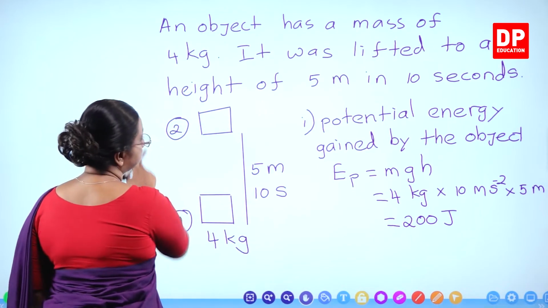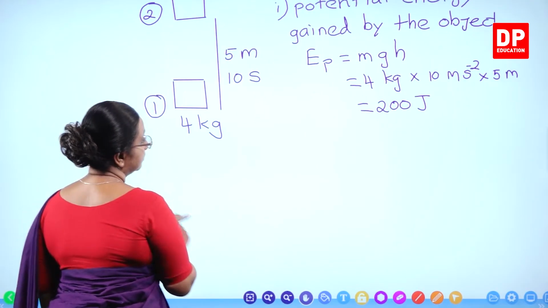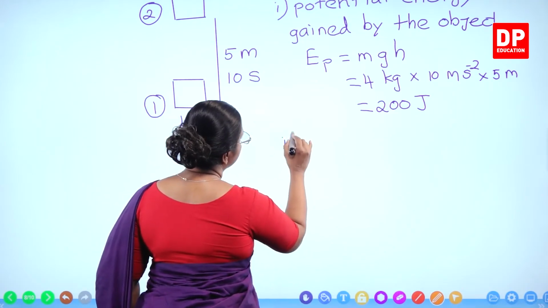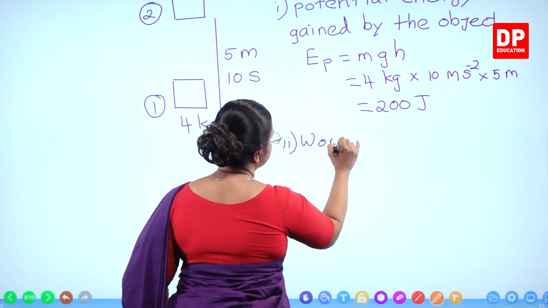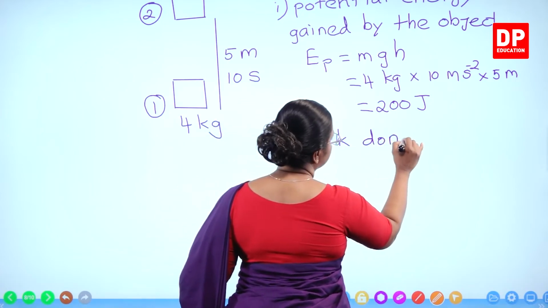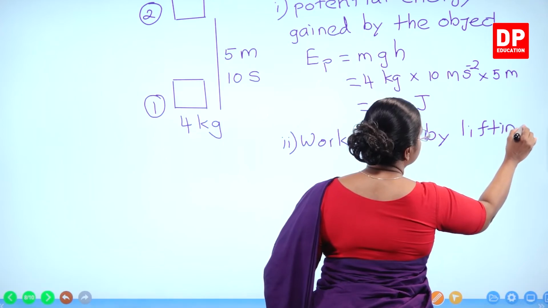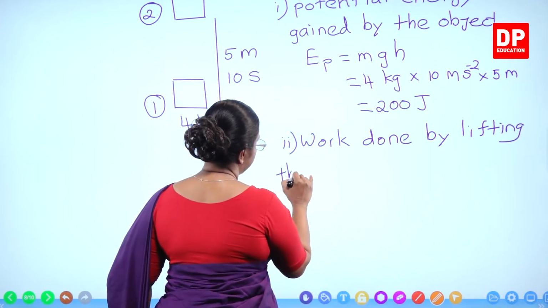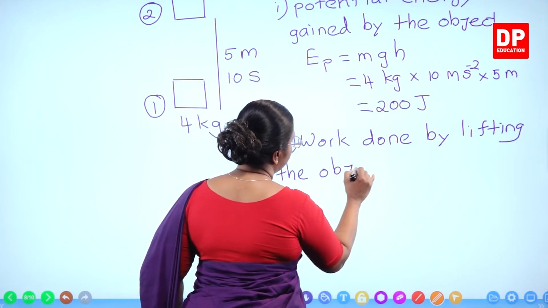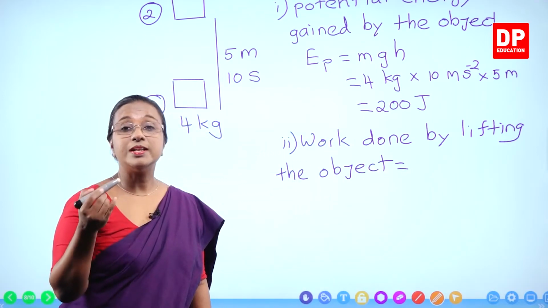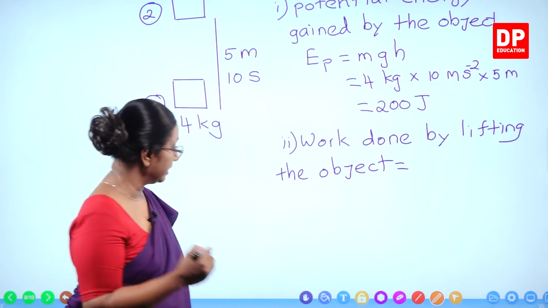Then, if you are to calculate the work done by lifting the object, what is that equal to? Work done is what is converted to potential energy.